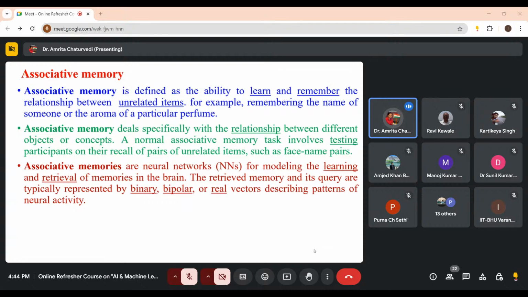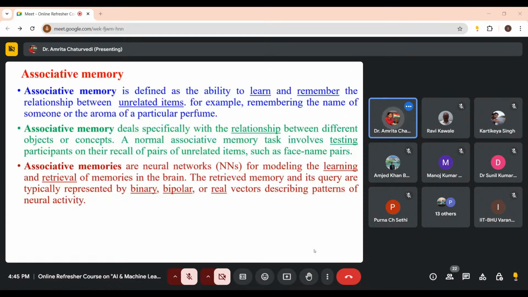This deals specifically with the relationship between different objects or concepts, and a normal associative memory task involves testing participants on their recall of pairs of unrelated items, maybe a face-name pair. For example, you input some face image and you want to get the name of that person as output.